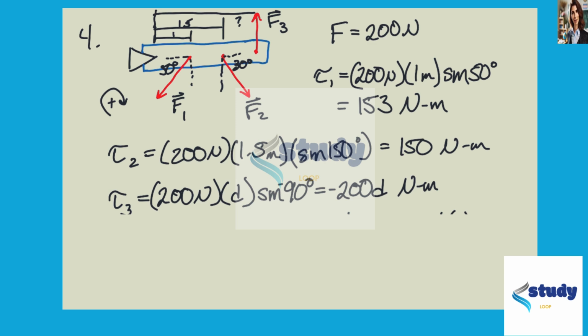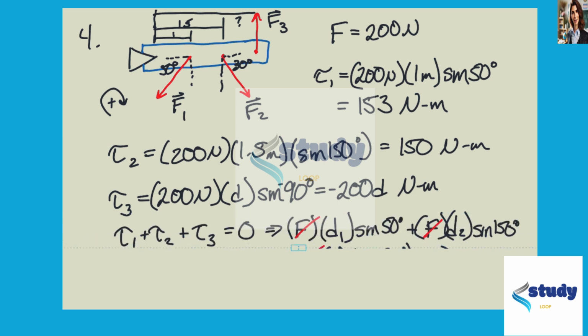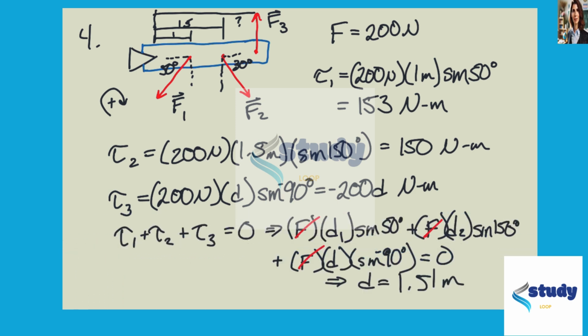Now the sum of all these things needs to be 0 for this to be in equilibrium, so we can use that equation to solve for d. We see that the magnitude of the load cancels out everywhere, so that actually didn't matter. And if we plug all our numbers in, we get that d is 1.51 meters.